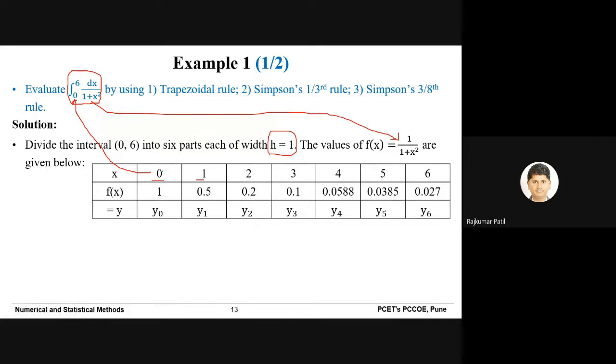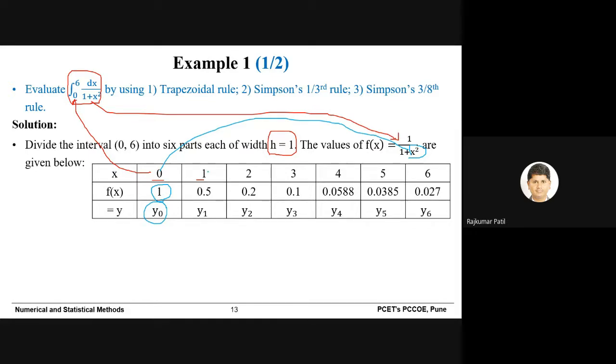Let's do that. Put x equal to 0 in this equation. So the equation will become 1 upon 1 plus 0. So the answer will be 1. This is the value of f of x for x equal to 0, and that will be assigned to y0.